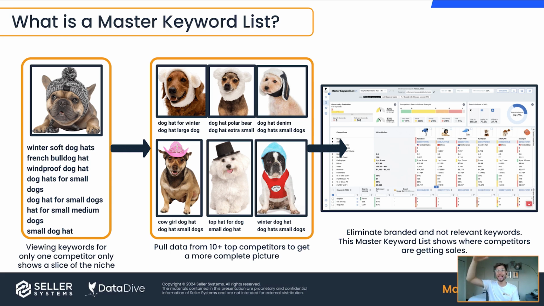It's going to show you all of the different ways that people are searching for products and all of the different keywords that are driving sales for a niche. In the past, we used to create all of this manually in Google Sheets, exporting data from other product research tools. Now DataDive is going to build you this entire master keyword list in literally just a few minutes. We're going to go through that exact process today.